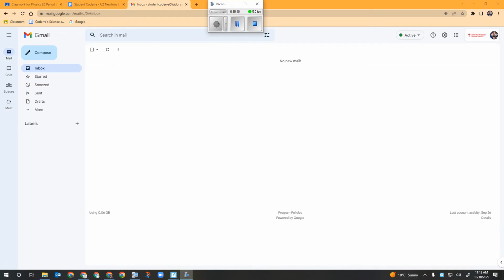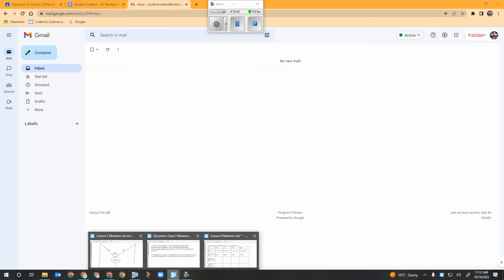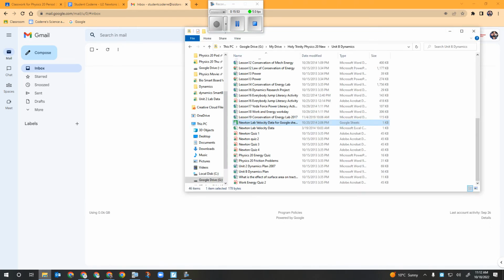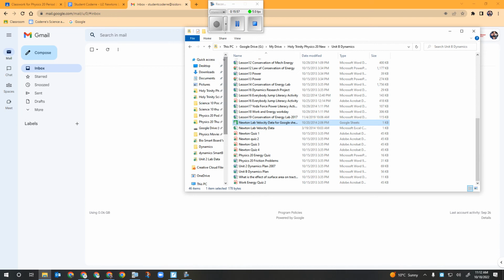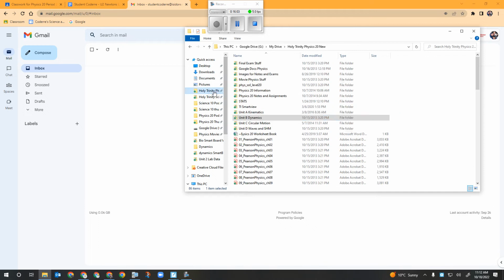If you are at the point where you need to start editing your data, what you need to do is get rid of everything except your time for run 1, because that'll be your longest time. It was the slowest acceleration. And keep your velocities for the other 4 runs.